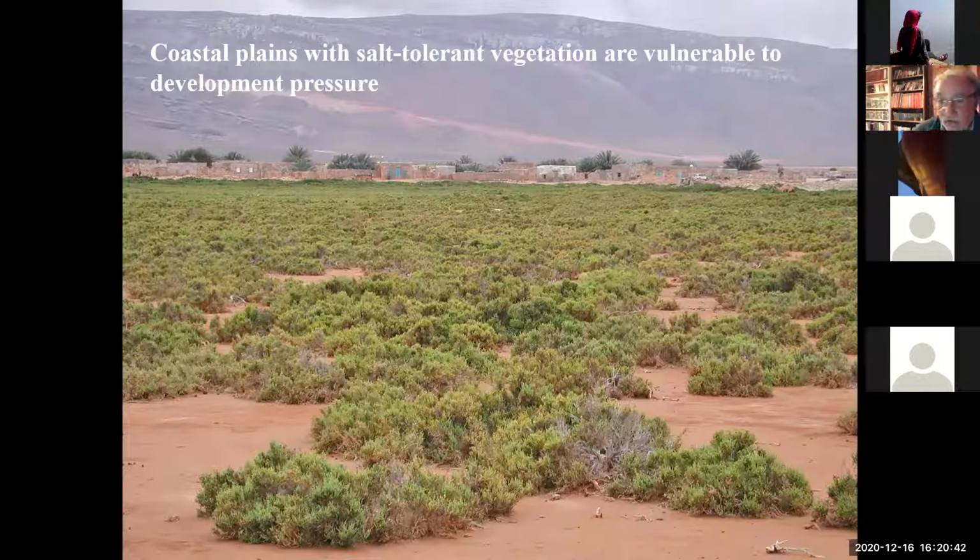In one of the talks that Janet arranged a few weeks ago that I attended, I think it was Julian, who's in the audience, talked about the, I think it was the caterpillar approach, the developments that were just sort of eating up these wonderful coastal areas. And of course, this is pressure on a number of bird species, in particular the near threatened Socotra cisticola.